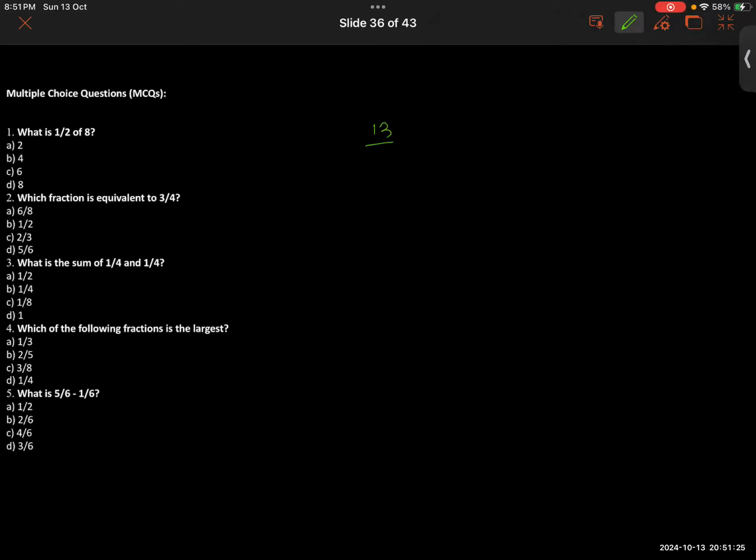Subtract 13 upon 15 from another fraction. Let's take 22 upon 9. Do the subtraction. Just let me reverse this to 22 upon 9 minus 13 upon 15.